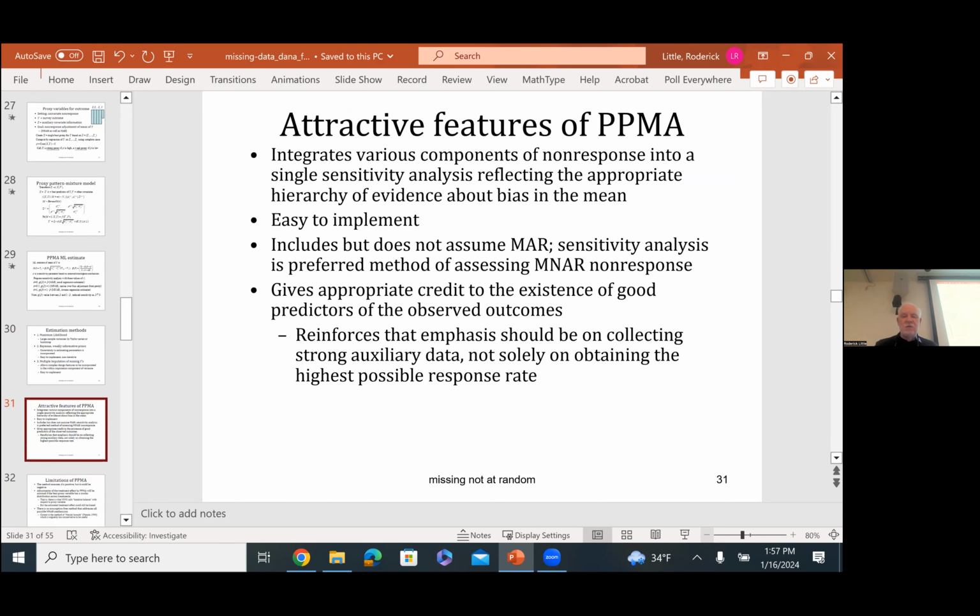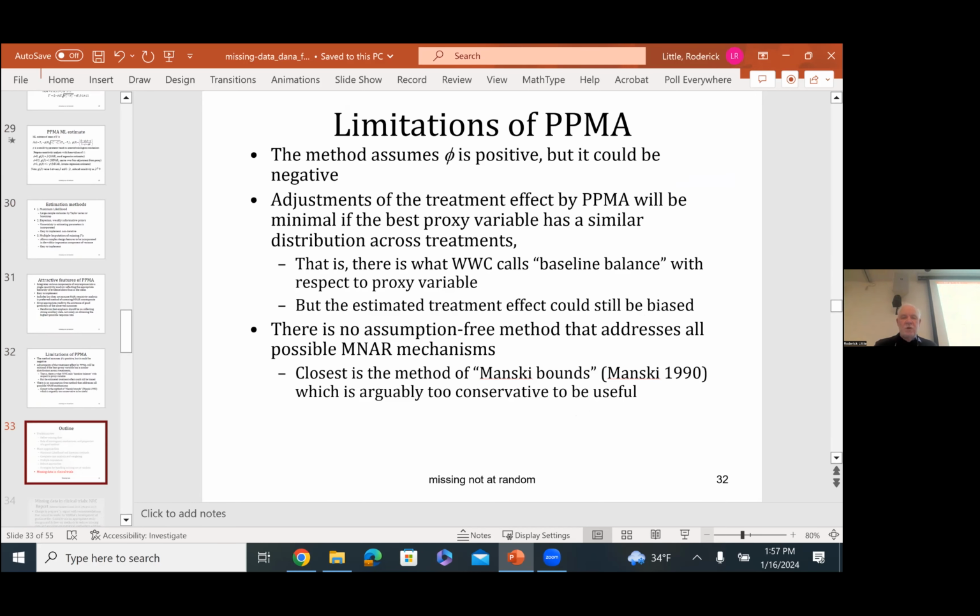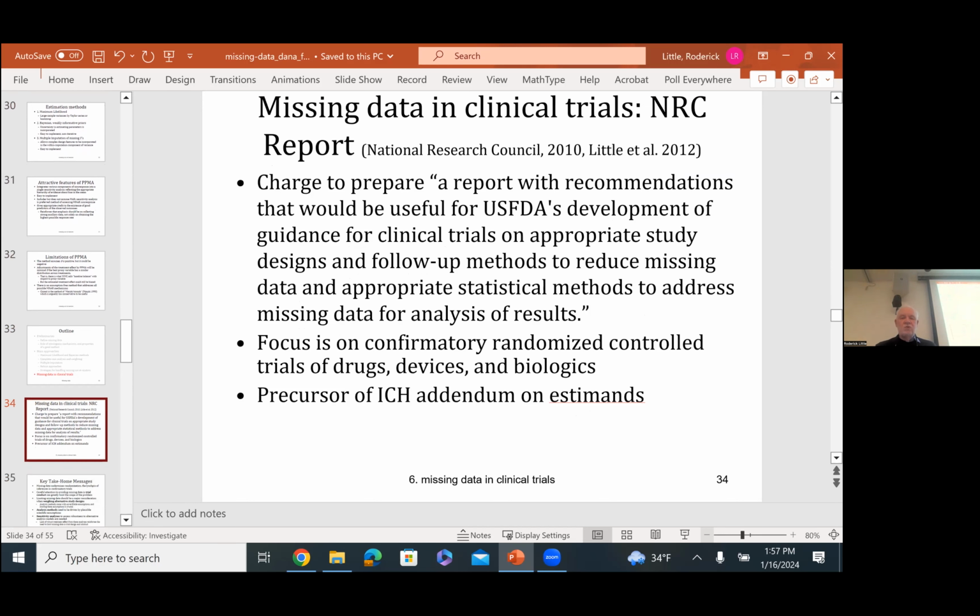So let me now skip forward a little bit here, going over that method to talk a little bit about clinical trials. I was involved in this National Research Council report that was commissioned to prepare recommendations for how to deal with missing data in clinical trials, essentially.